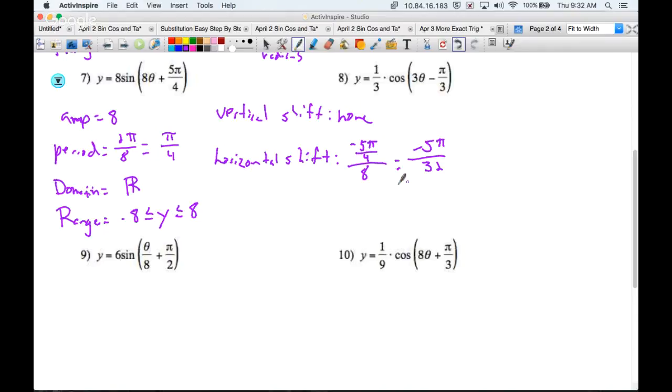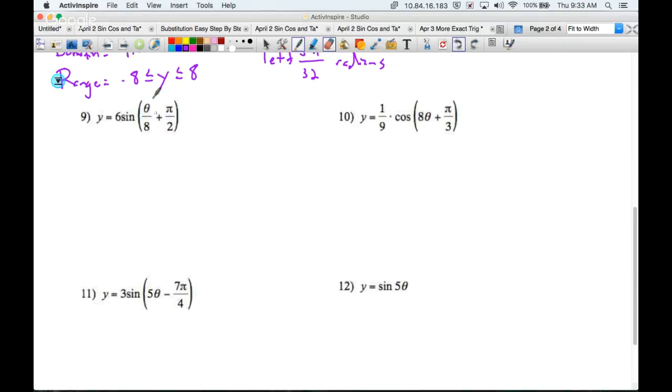I'm going to copy dot flop that, or we could just say we go left 5 pi over 32 radians from our parent function. Make that 5 look a little better. 5 pi over 32. All right, skip this one.